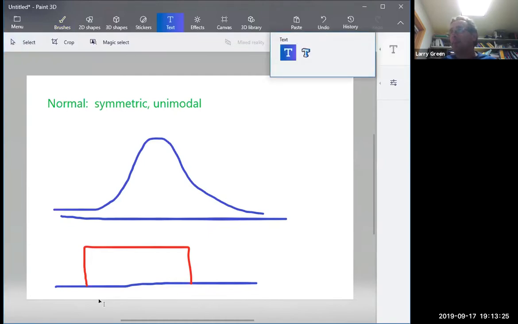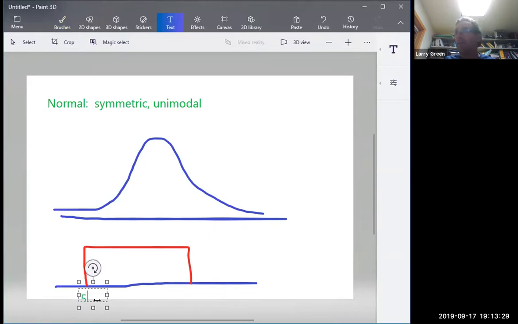For example, it might be uniformly distributed between 5 and 20. That means the low is 5, the high is 20, but in between 5 and 20, everything has the same chance.